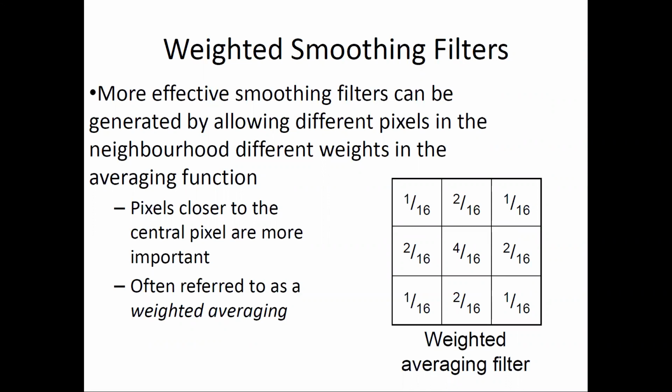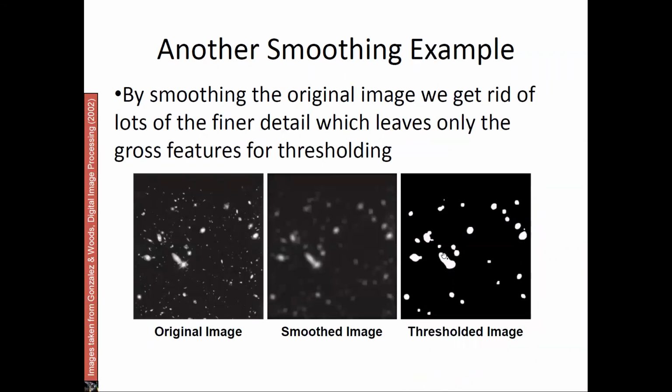When we do this operation, it is the same as earlier, only the equal weightage of 1/9 is replaced by a different weighted kind of average. As it is 1 plus 2 plus 1, that is 4, then 2 plus 4 plus 2, that is 8, and 1 plus 2 plus 1 is 4. So 4, 8 and 4 make 16, so you are doing 1/16 throughout. So this is a weighted average filter.